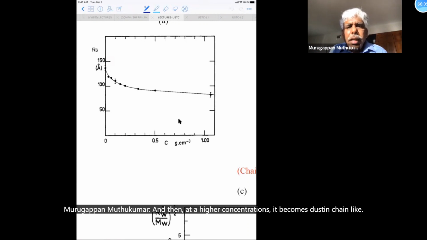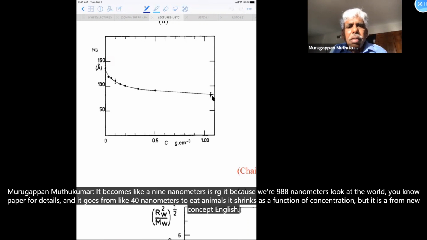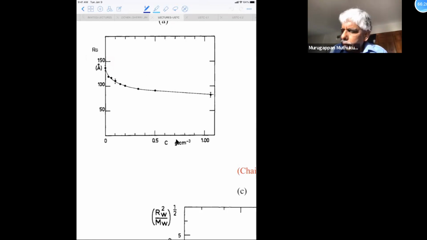Then at higher concentrations, it becomes Gaussian chain-like. This is Rg. It becomes about 8 nanometers. Look at the original paper for details. It goes from about 14 nanometers to 8 nanometers. It shrinks as a function of concentration. Now, this is from neutron scattering measurements.